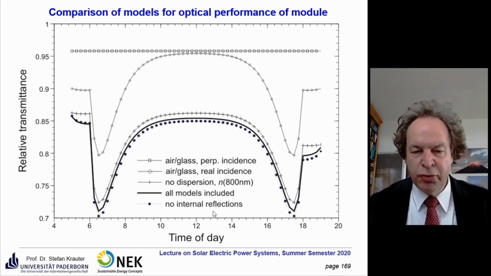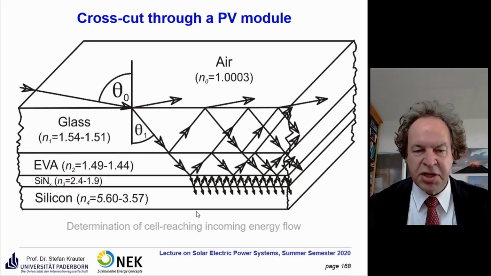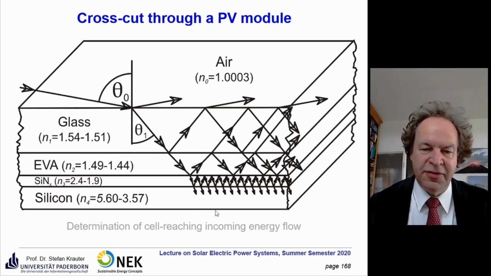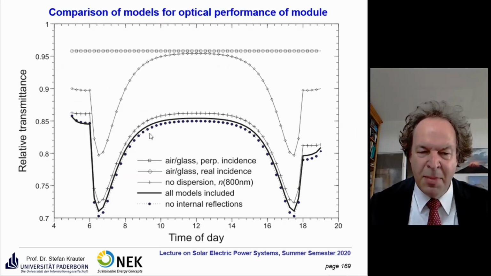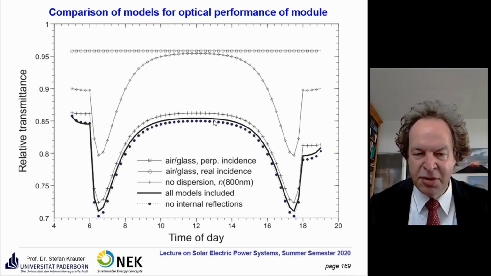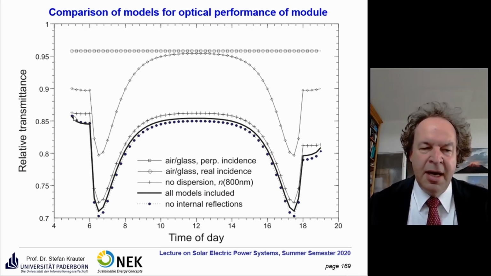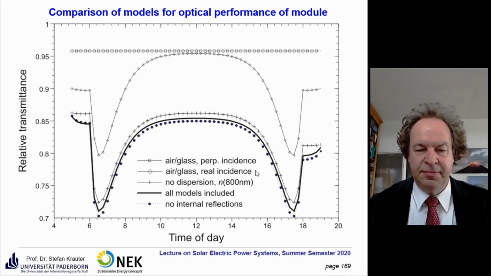And if you don't consider internal reflection, that means the re-reflection of the upper part of the modules, you underestimate the performance a little bit. It's not much, about 0.5%. But if you want to be really accurate, you can consider that and you arrive at this line, and you can make a very accurate prediction of the incoming energy flow on the solar cell.